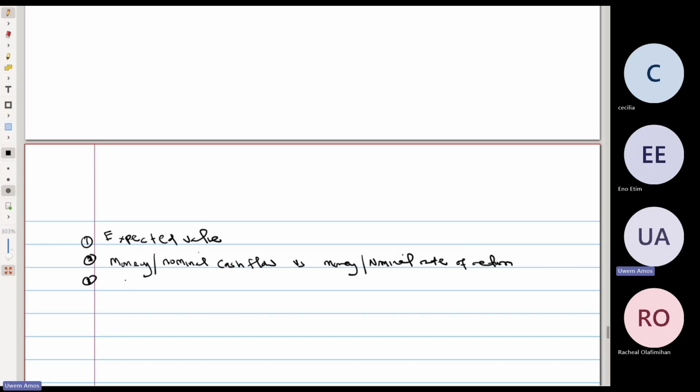We're going to also look at how to apply the concept of real rate of return versus real cash flow. Then we're going to also touch on the topic sensitivity analysis.